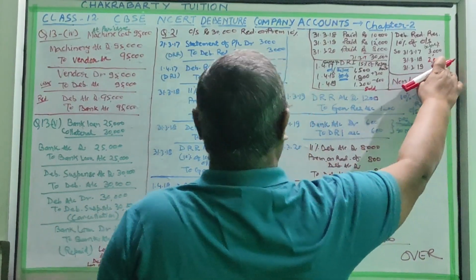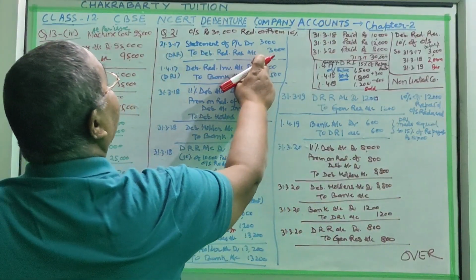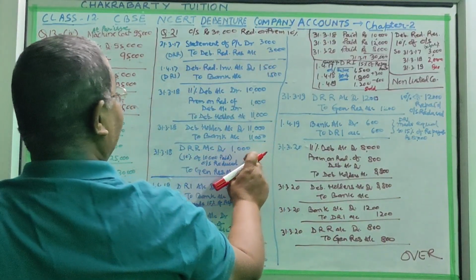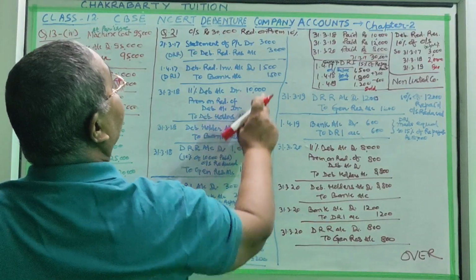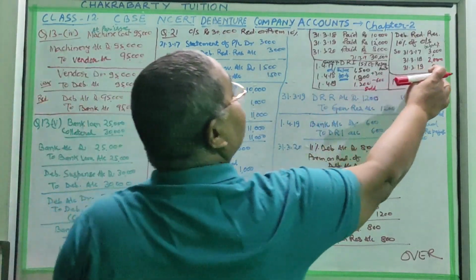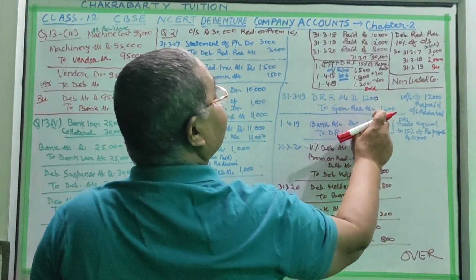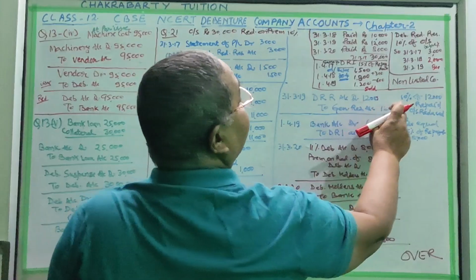First we made 3,000 rupees reserve, then 1,000 we have transferred, so the reserve account is having 2,000 rupees. But you require only how much? You require only 800. It means 1,200 is excess. This excess amount will be transferred to general reserve.